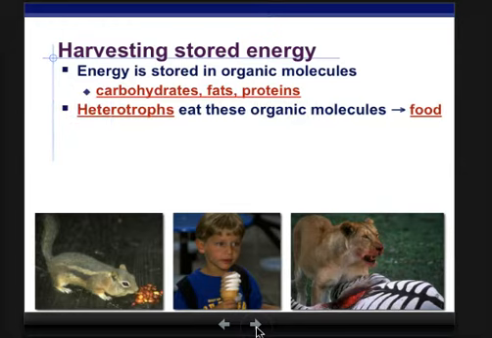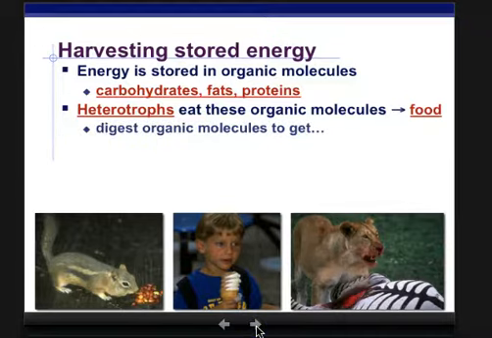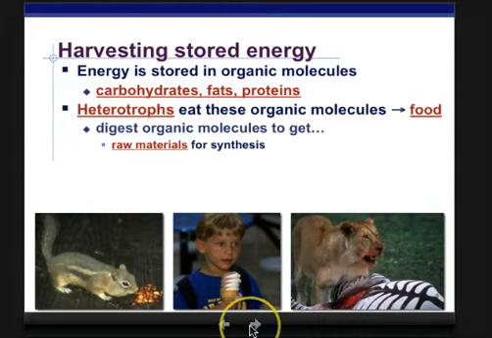Heterotrophs, which we are of course, eat these organic molecules, food. And we digest the organic molecules to get raw materials for synthesis. So we take a big polymer, we break it down into its monomers, and then we can build the monomers together for the parts that make up us. We also digest organic molecules to get energy.